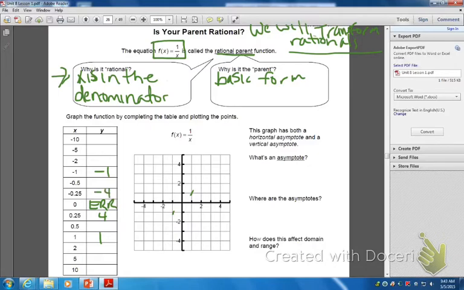So the 0.25 over here got you that 4, so he's kind of swinging up. And over here, your negative 0.25 gave you a negative 4, so he's swinging down here. So that kind of gives us enough to graph this.